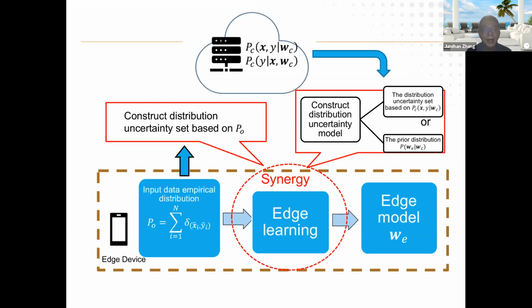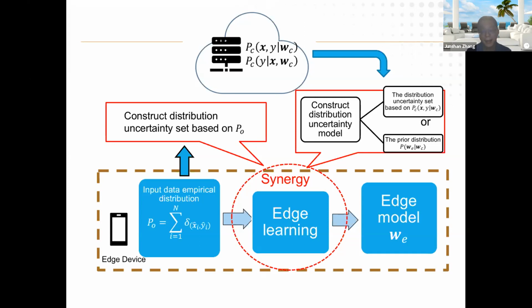To build a cohesive integration, for each of them, we construct a distributional uncertainty set. One is centered around PC, the data model from previous tasks, and the other is based on local data. We can combine them. We can treat both as constraints.